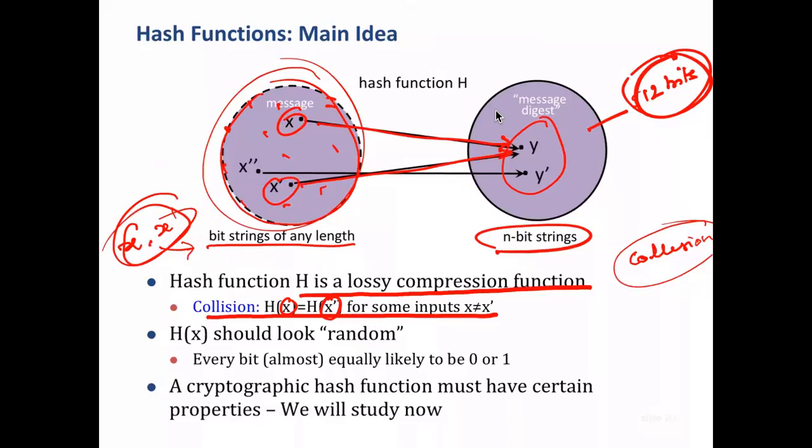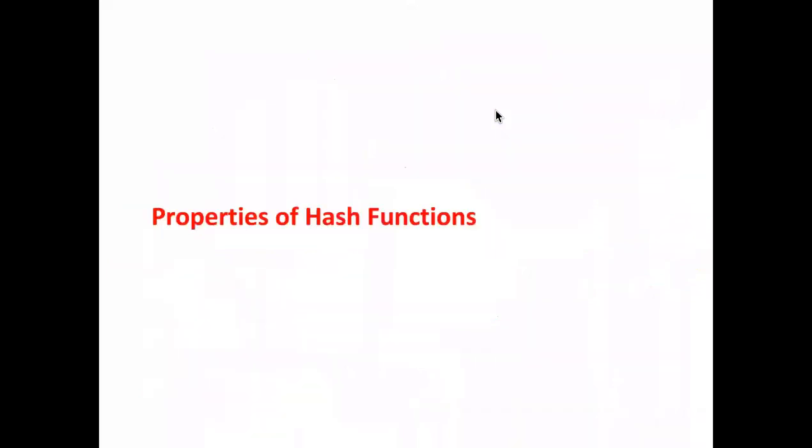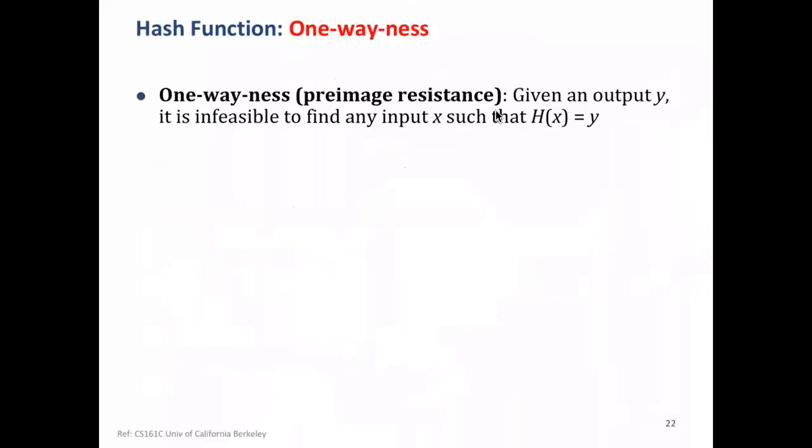Okay, so we will look now at certain properties. First is one-wayness. Given an output y, it is infeasible to find x such that H(x) is equal to y. So it means reverse: given the hash value, of whatever size, say 128 bits, generating the original message, which could be of GB, is infeasible.